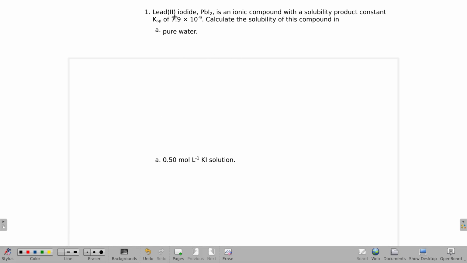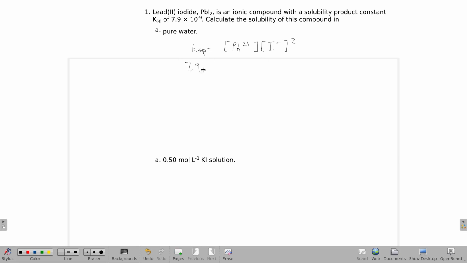Alright, so we're looking at lead iodide, PbI2, and we've got a Ksp of 7.9 times 10 to the negative ninth, and at first we just want to calculate its solubility in pure water. So we have our basic solubility product equation, which would look something like so, because it's turning into lead and 2 iodines.